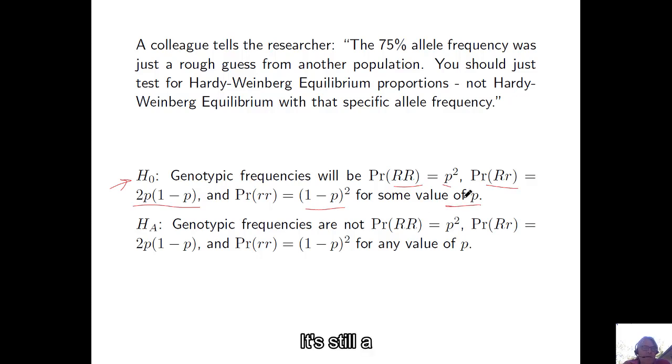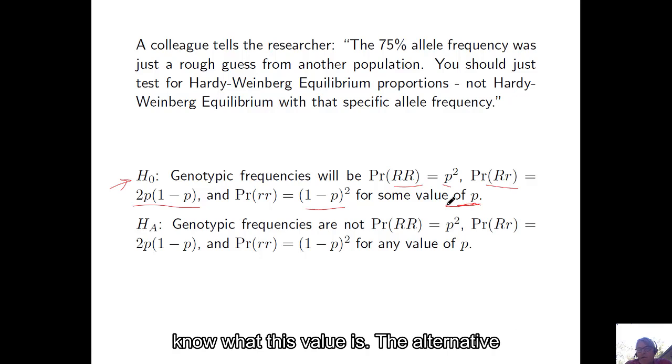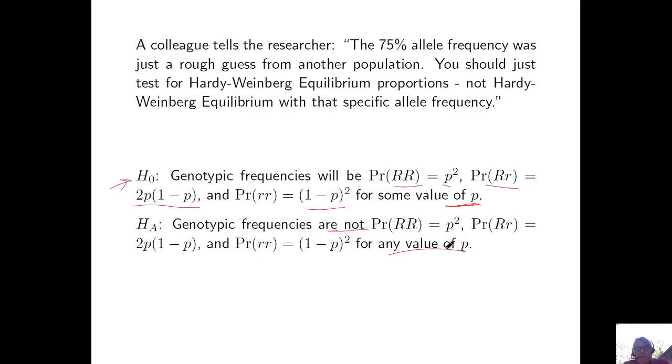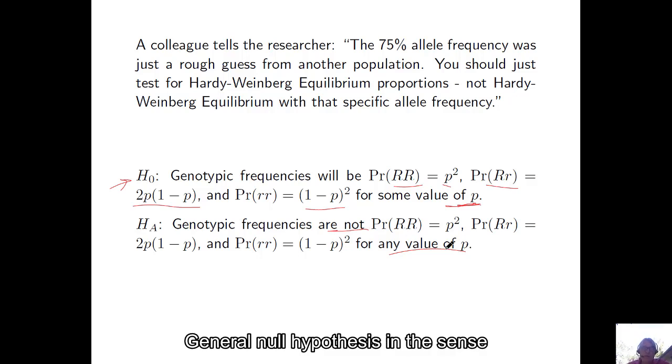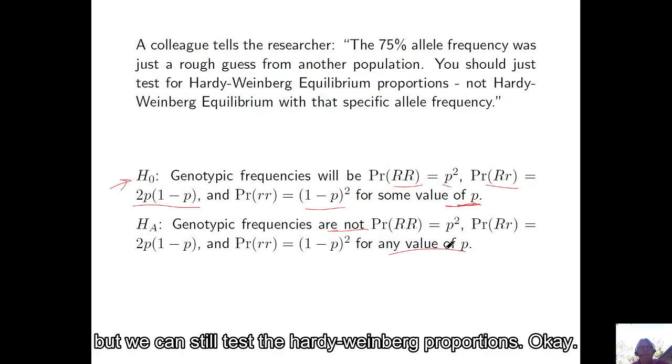It's still a reasonably specific point in parameter space, but there's this complication that we don't know what this value is. The alternative here is just that the genotypic frequencies do not follow those proportions for any value of p. So that's a more general null hypothesis, in the sense that if we reject this, we're saying something about Hardy-Weinberg for any value of p, but we can still test the Hardy-Weinberg proportions.